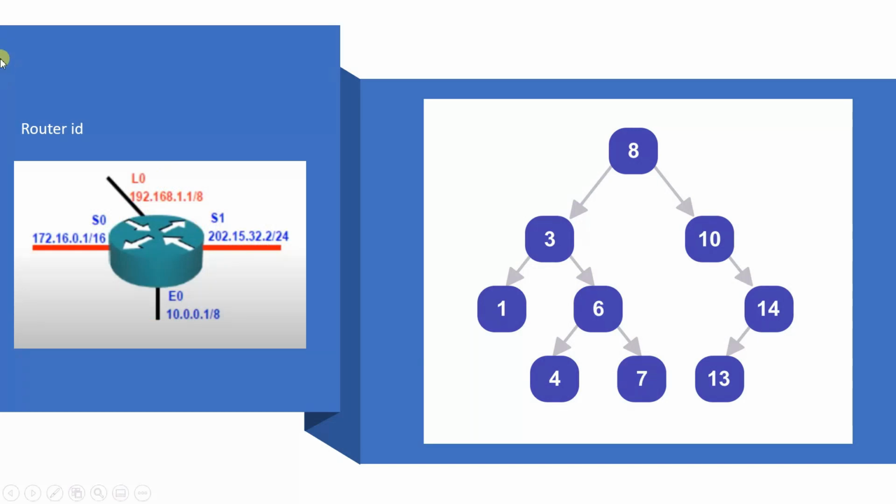In this case, if the L0 loopback address isn't found, 202.15.32.2 is taken as the router ID. But in our case there is a loopback address, so it is taken as the router ID.